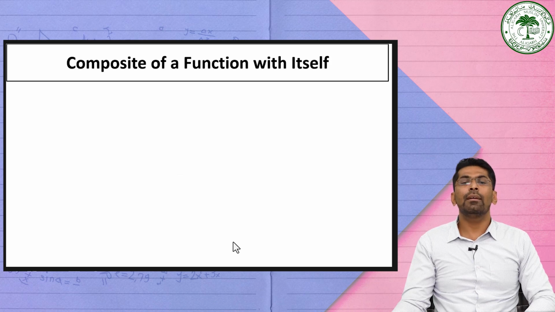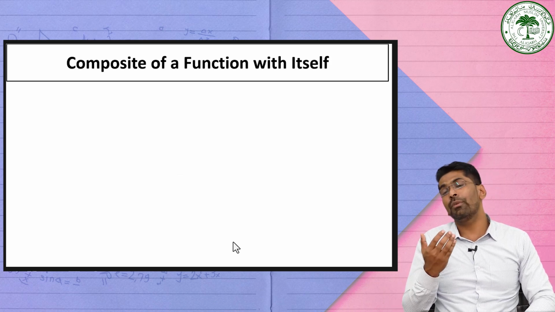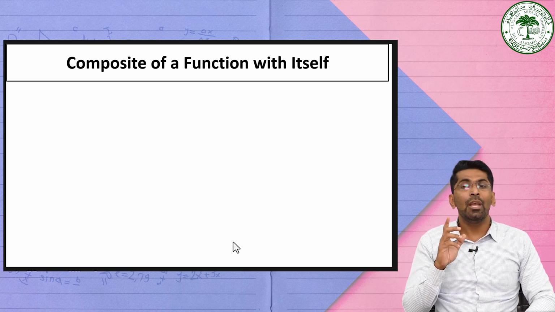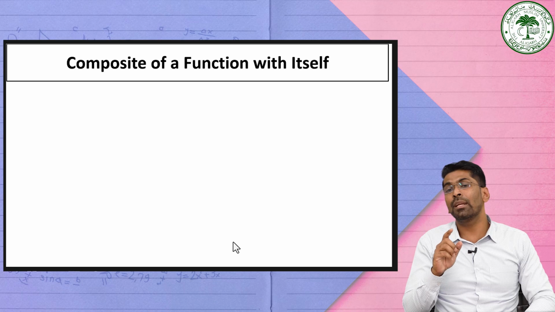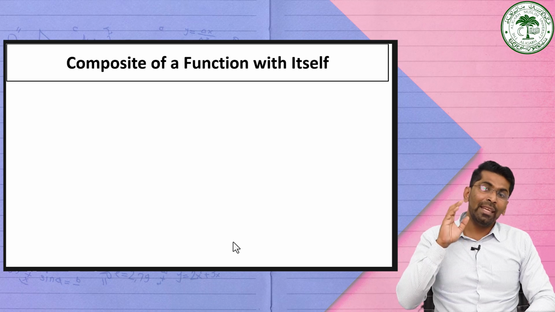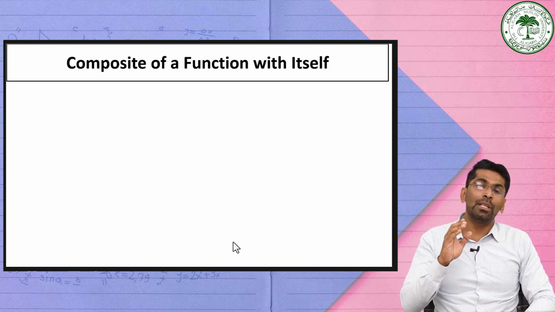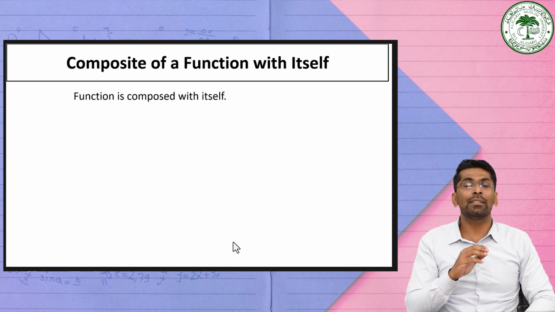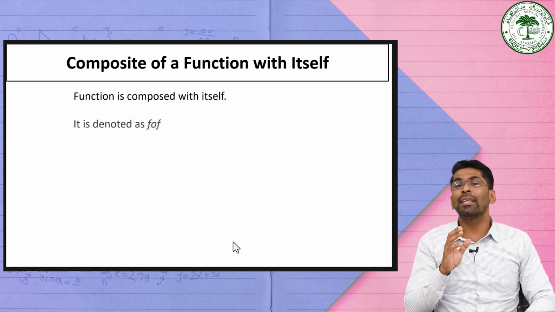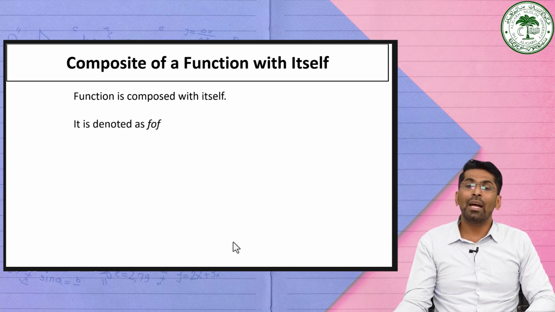Now we have another one, the composite of a function with itself. A composition of a function with itself is considered a special case of function composition, generally denoted as f of f, representing the function f composed with itself.